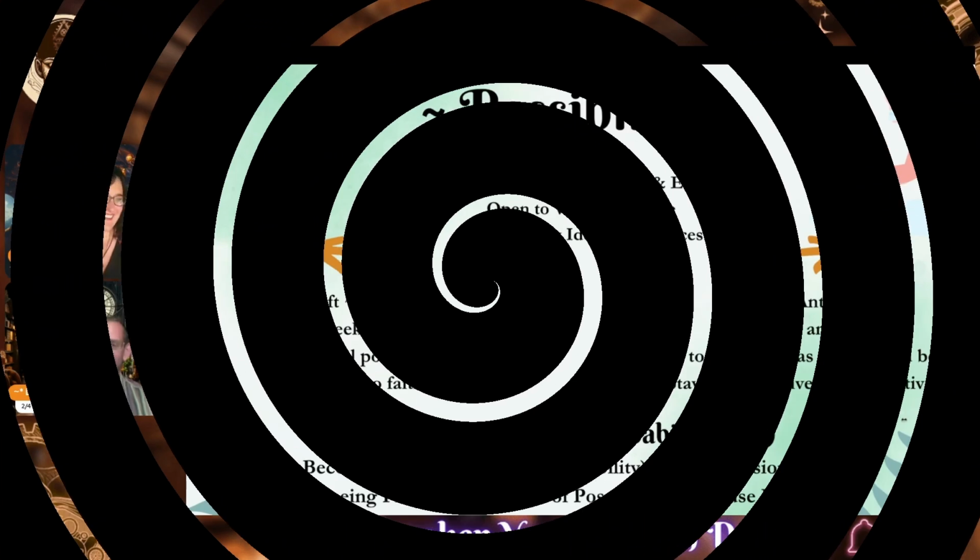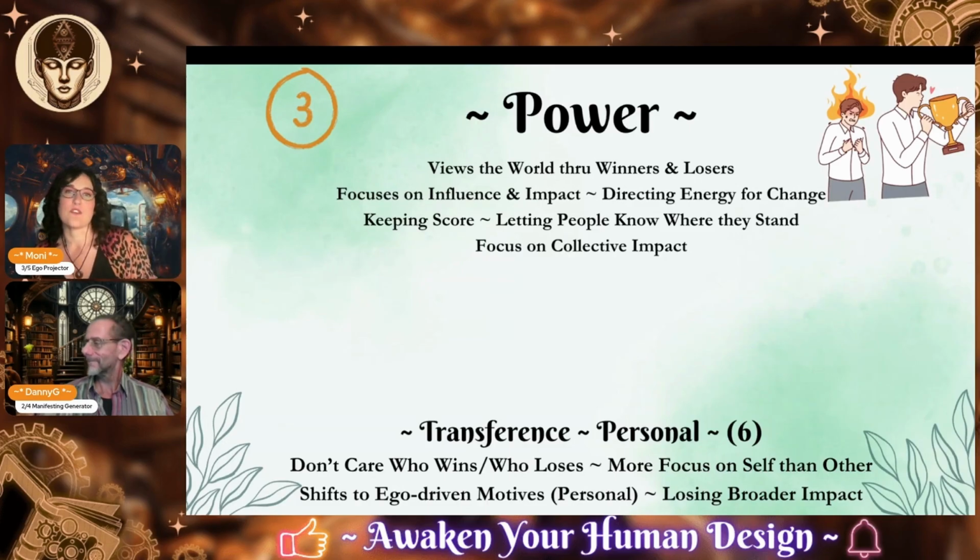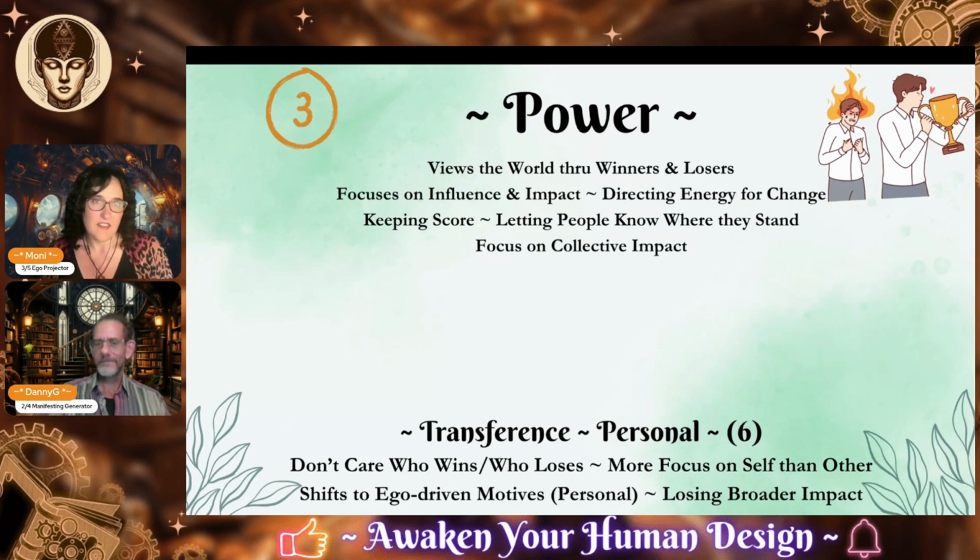Next slide. Next up, we have color 3, which is the perspective of power. They view the world through winners and losers, focusing on influence and impact and directing energy for change. This is about keeping score and letting people know where they stand, with a focus on collective impact. The transference or distraction to power is the personal perspective, which is color 6, because 3 and 6 have the relationship.